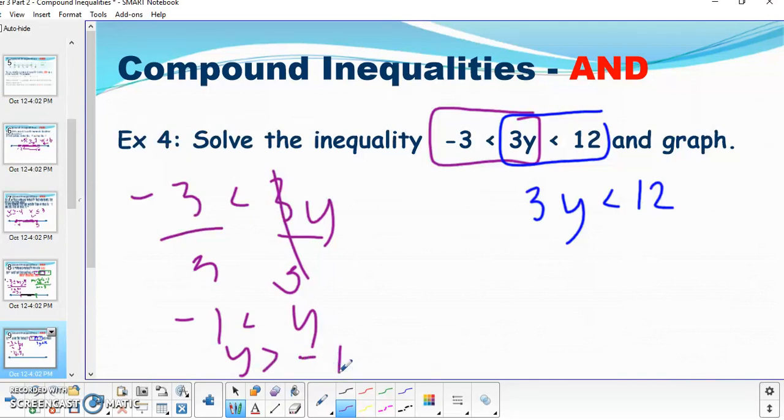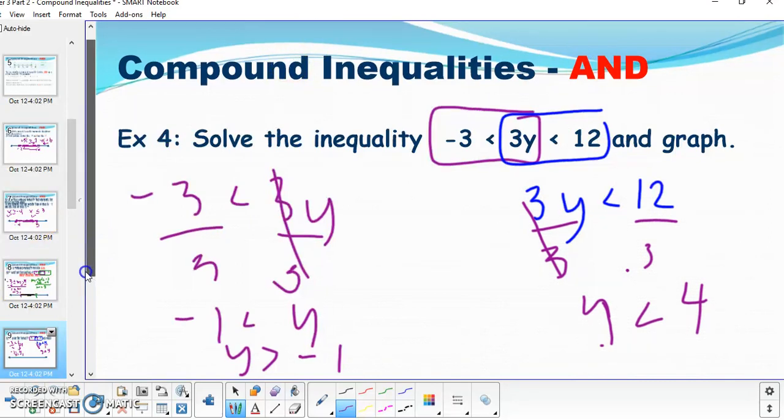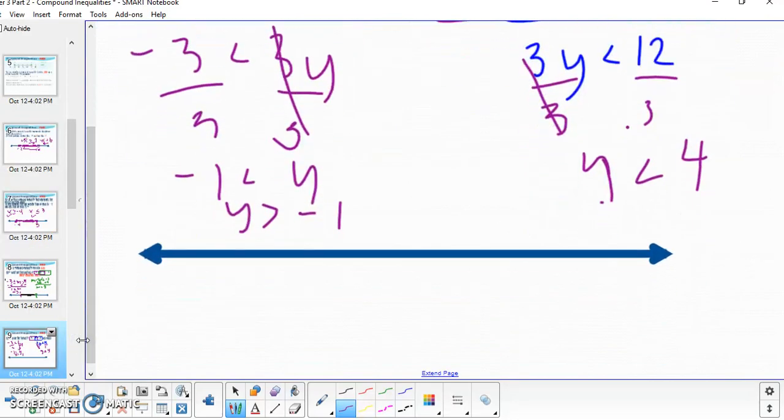Keep in mind when you put the variable first, you just flip the sign. Here I'm dividing by 3, so y is less than 4. To graph these, both open circles at -1 and 4, all of this in between makes the statement true.